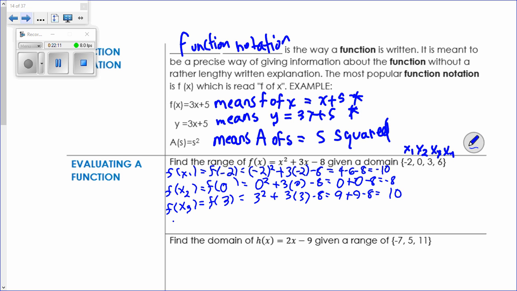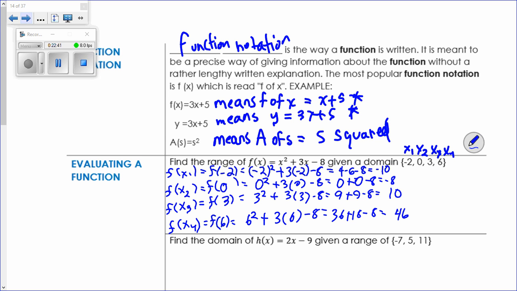And for f of 6, x4, when x equals 6, I get 6 squared plus 3 times 6 minus 8, equals 36 plus 18 minus 8, equals 46. Easy peasy.